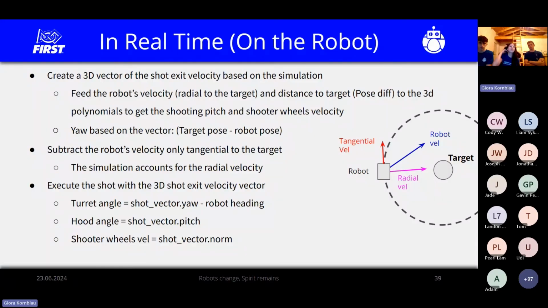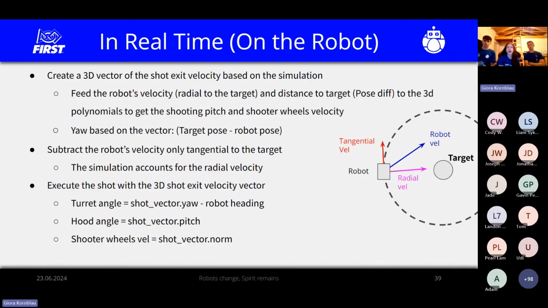And the yaw is based on the vector, just like in 2024, of our position. That's also when we use our PoseTracker, also just for the distance. Our target minus the robot pose to know which angle we need to turn to. So we've already accounted for the radial velocity, but we still have the tangential velocity, which is also part of our whole robot's velocity.